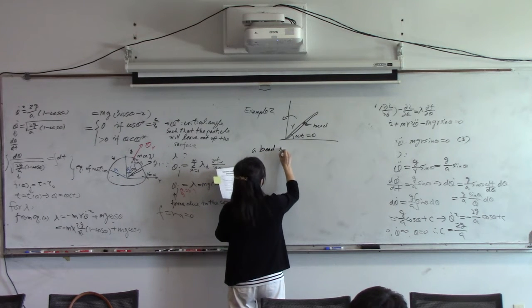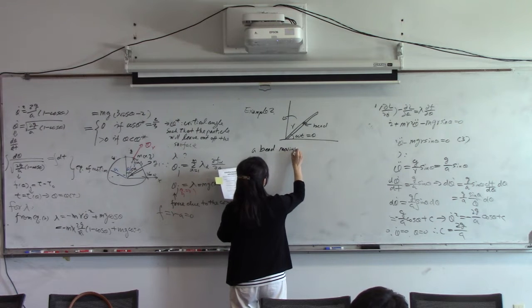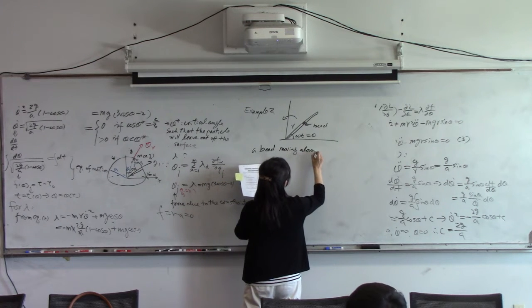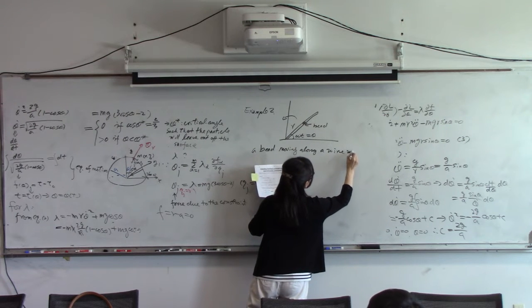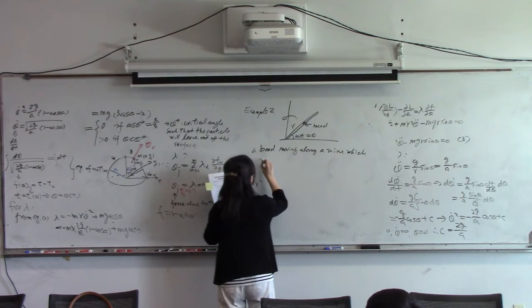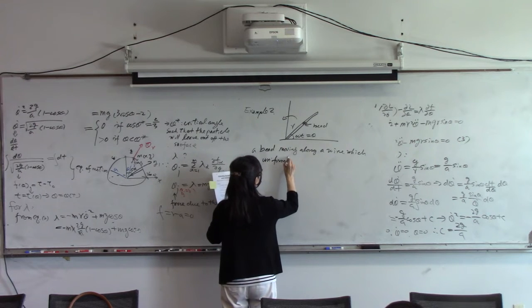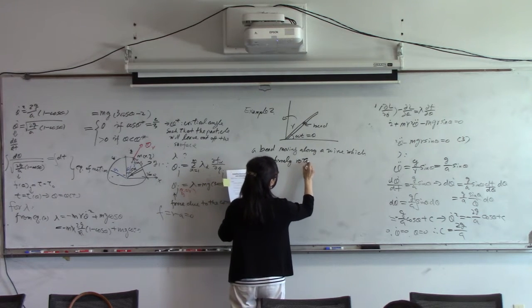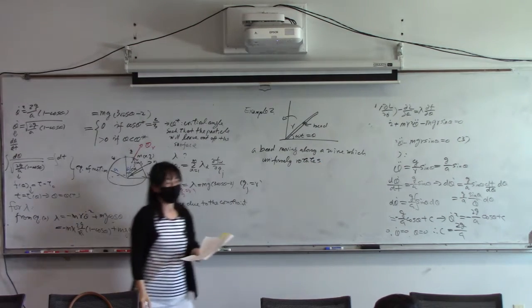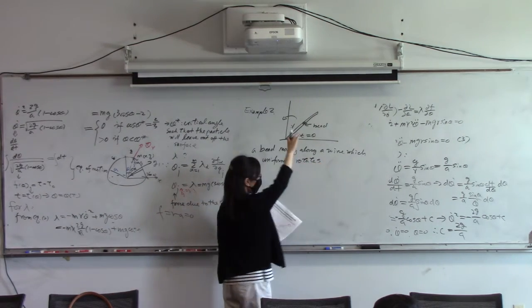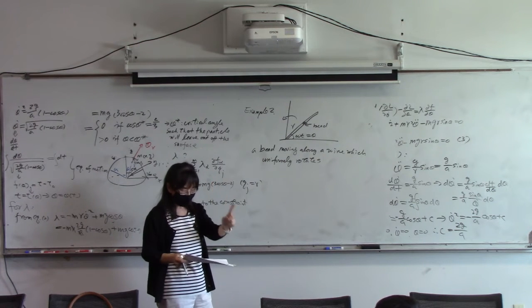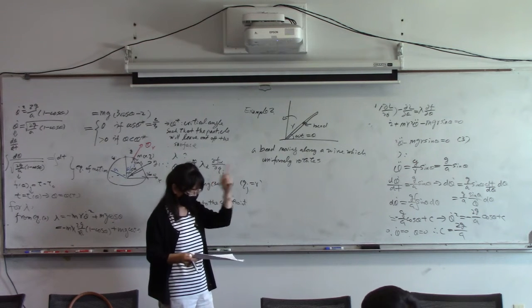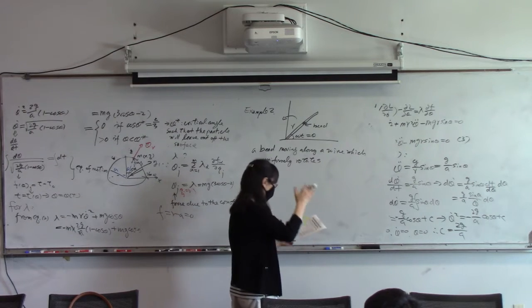A bead moving along a wire which uniformly rotates. We already solved the equation of motion. At that time, we knew that with only one independent generalized coordinate, we selected one and did the others.